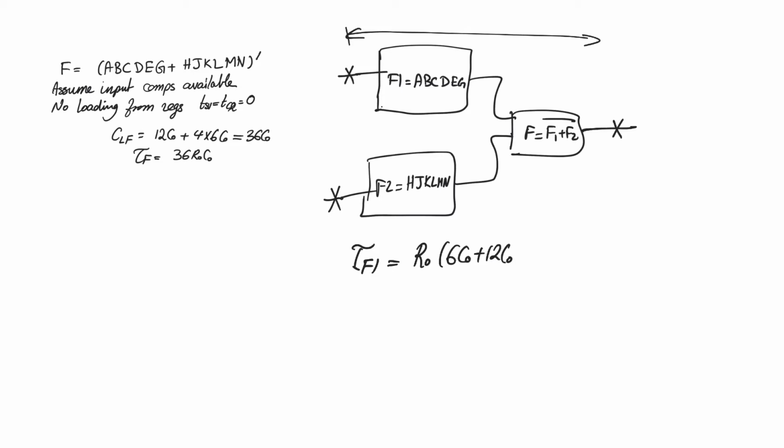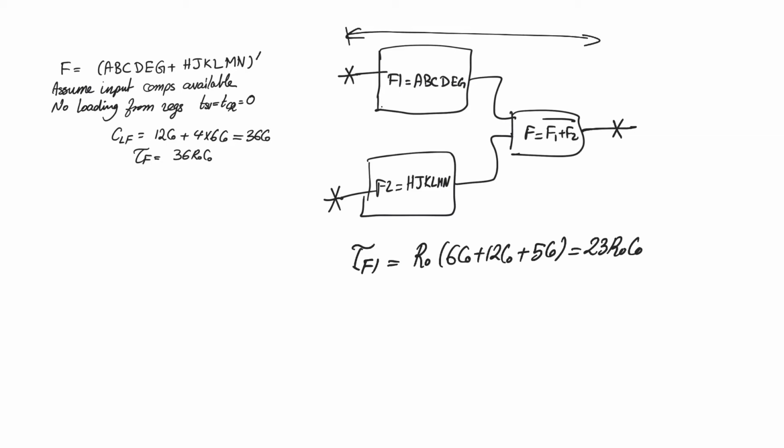The gate F is going to be a 2-input NOR, imposing a loading of 5 C0 on each of F1 and F2, of which 1 comes from the pull-down network and 4 come from the pull-up network. So the total capacitance then is 23, and the time constant is 23 R0 C0.